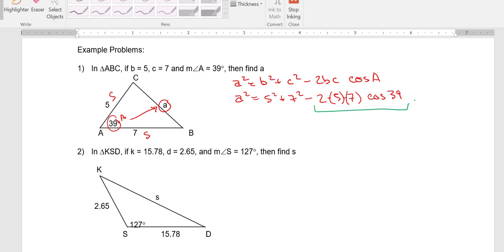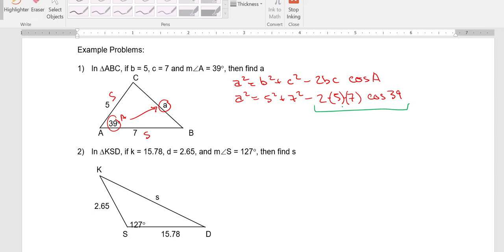What students sometimes mess up is they try to group this whole piece together and then multiply it by the cosine of 39. Remember, order of operations tells us that what's underlined in the green there is grouped together.